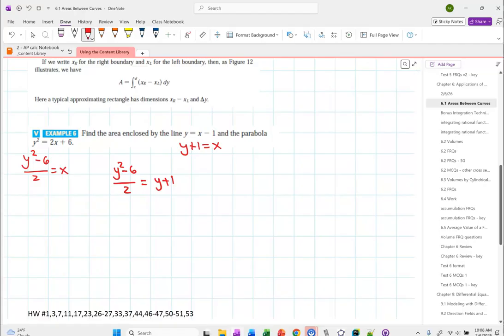I'm going to clear the fraction, so I'll multiply both sides through by 2. And I have a quadratic, so I'm going to move it all onto the same side. I'll solve this quadratic.